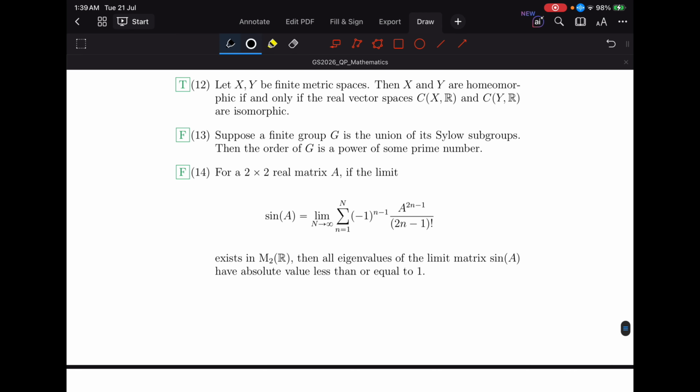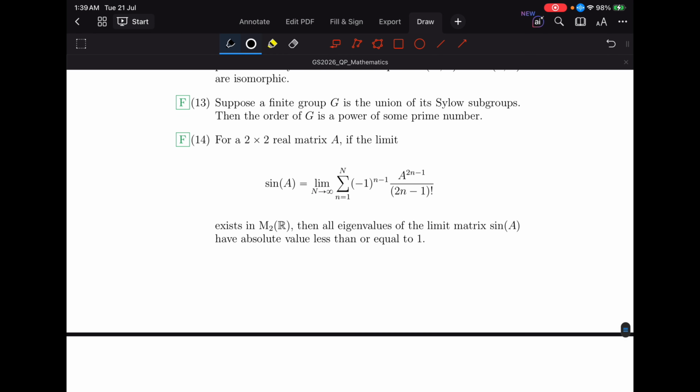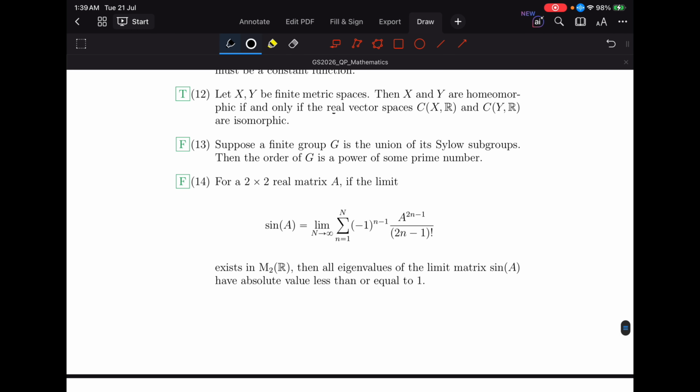Let x comma y be finite metric spaces, then x and y are homeomorphic if and only if the real vector spaces C of x comma R and C of y comma R are isomorphic. As real vector spaces, they are isomorphic.